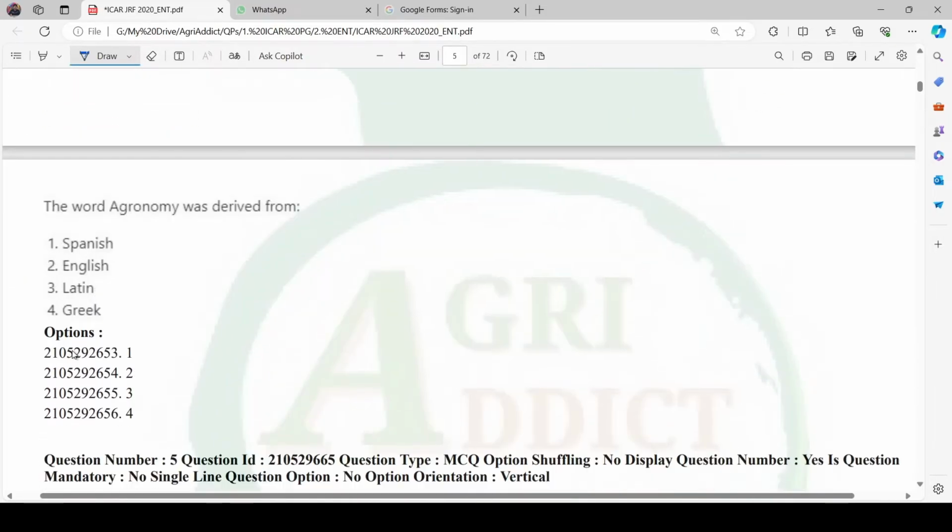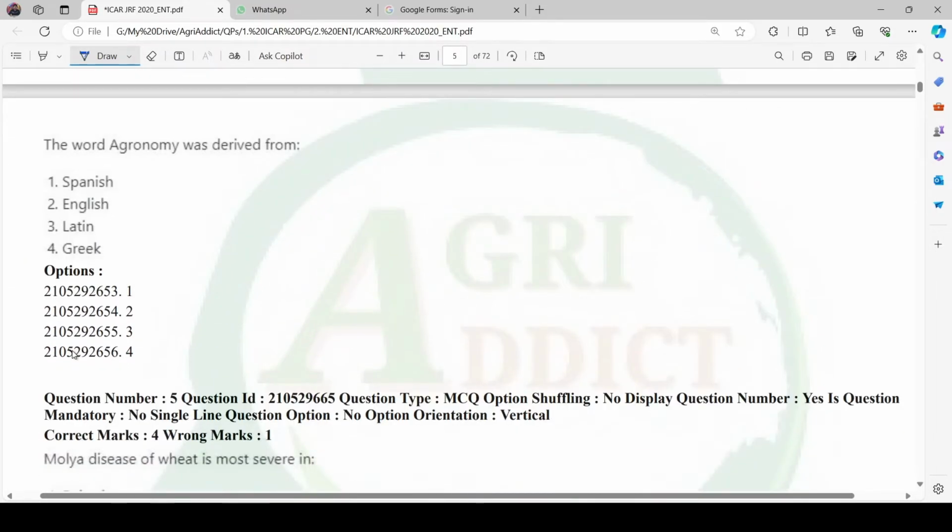Now question number 4, that is, the word agronomy was derived from which word? So you all know that the word agronomy is derived from a Greek word, that is agros and nomos. Agros meaning field, nomos meaning management.